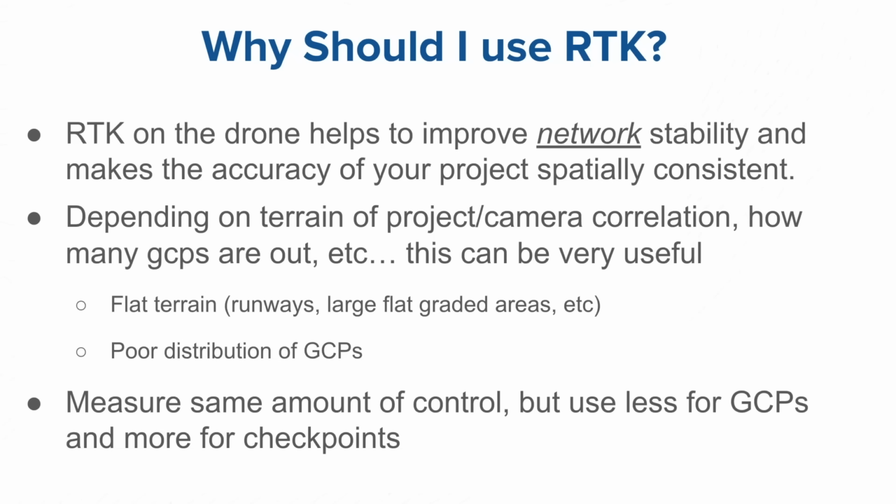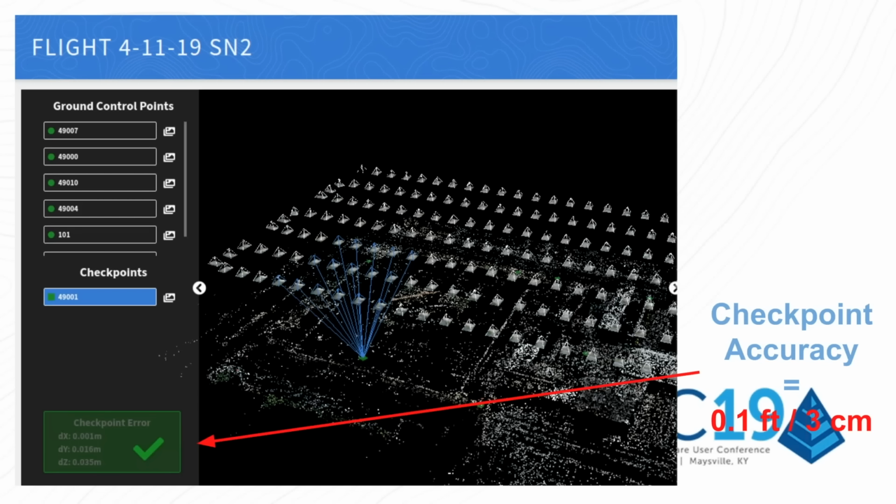But for what it's worth, now in CPC, we automatically identify most of the popular RTK drones. So if you have an RTK capable drone like a DJI Phantom 4 RTK, CPC will automatically recognize that it's RTK, and photogrammetrically it's going to use those positions more accurately.